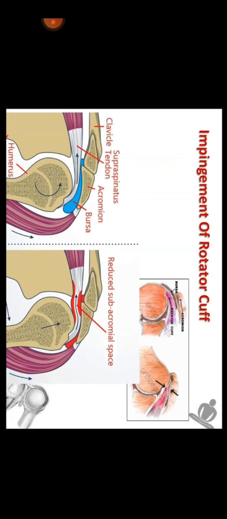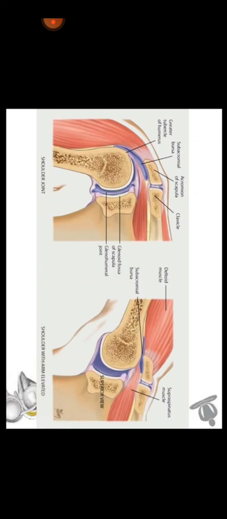So the supraspinatus tendon falls beneath the coracoacromial arch and gets impinged. The clinical condition is known as impingement of rotator cuff. Why does it happen? How does it happen? When should we treat this condition? How should we treat this condition?